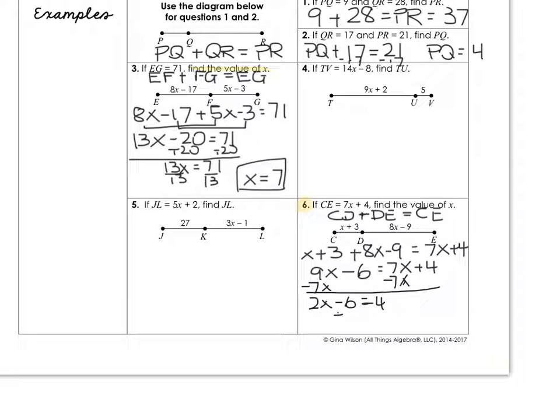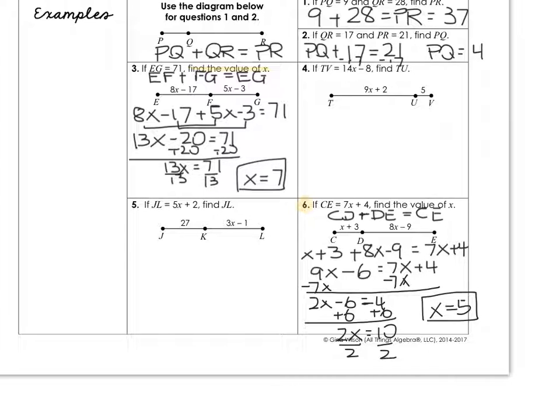Add 6 to both sides. Divide by 2. Let that digest. Look at them again. We're going to try the other two.